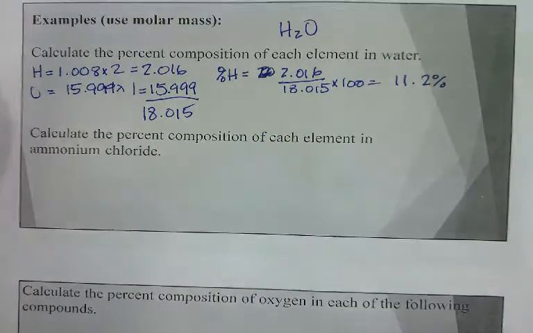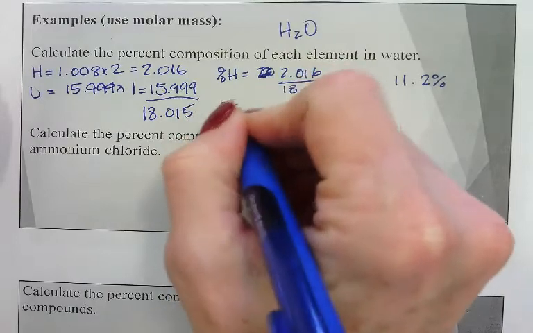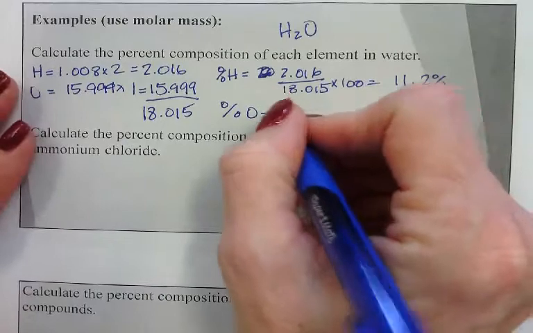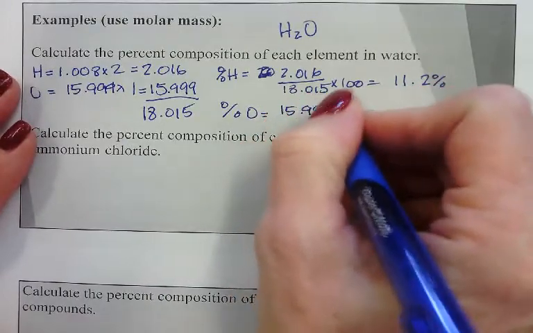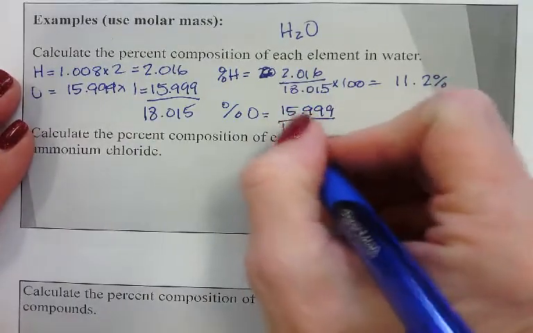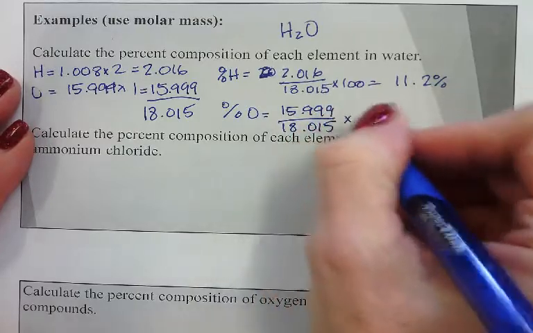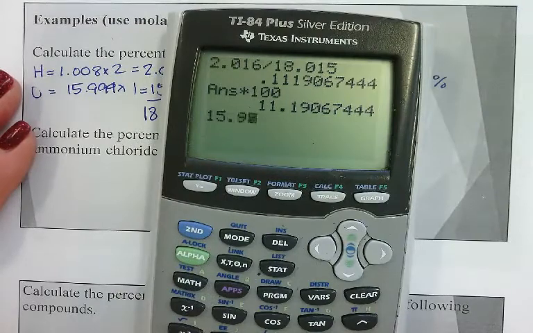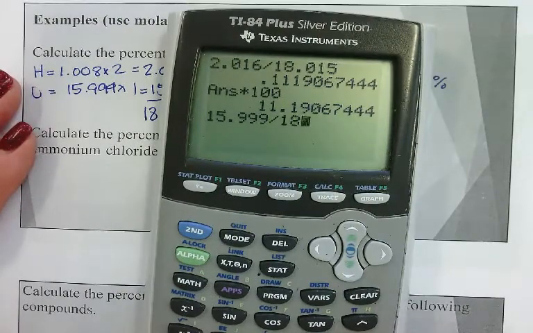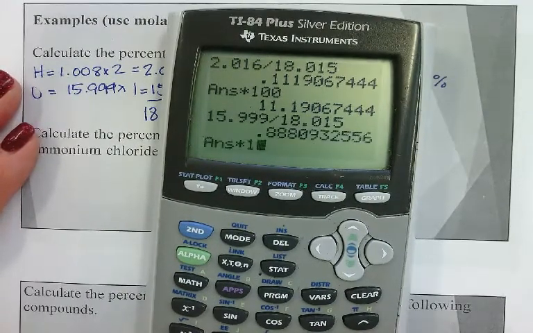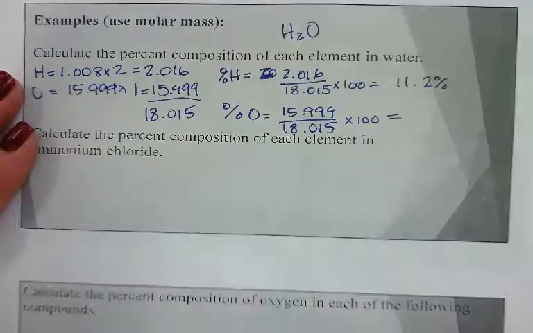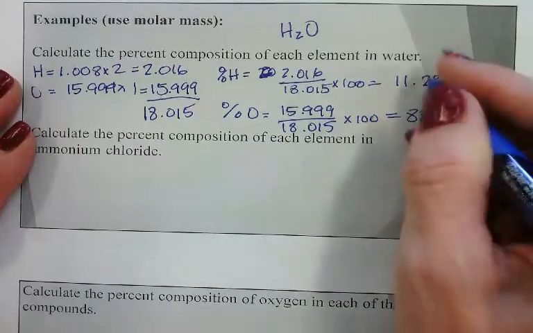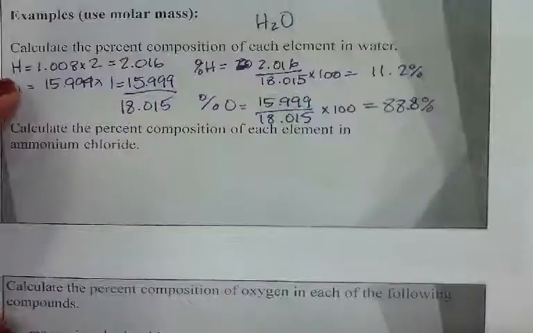So what percent is oxygen? The percent of oxygen is 15.999 divided by the whole thing, 18.015, times 100. That gives me 88.8%. And if you add those two together, guess what? It's going to equal 100%.